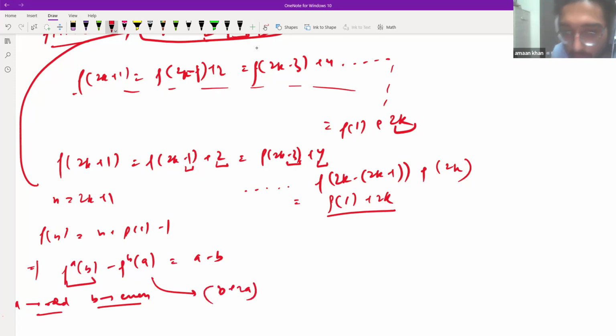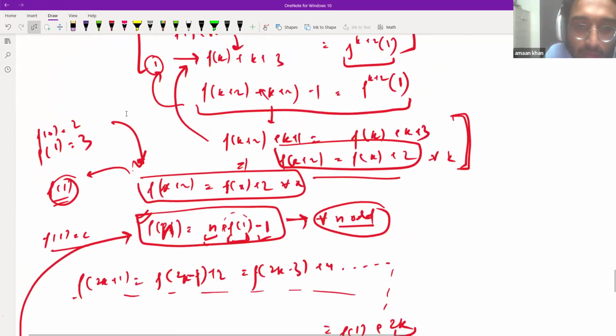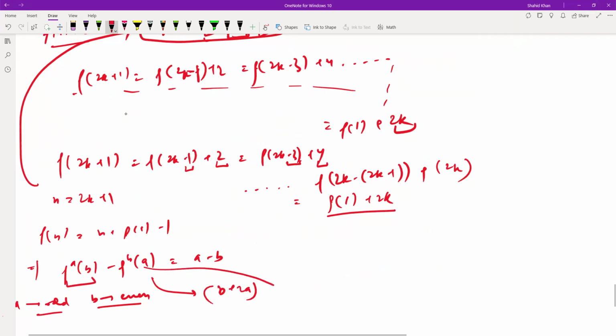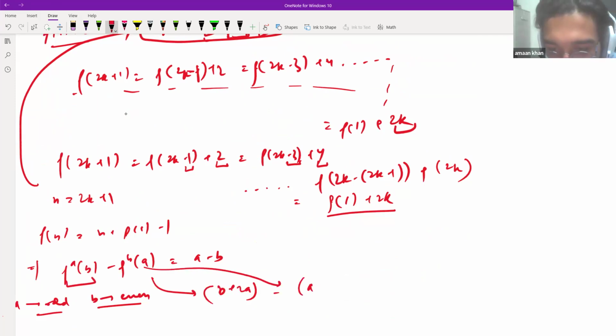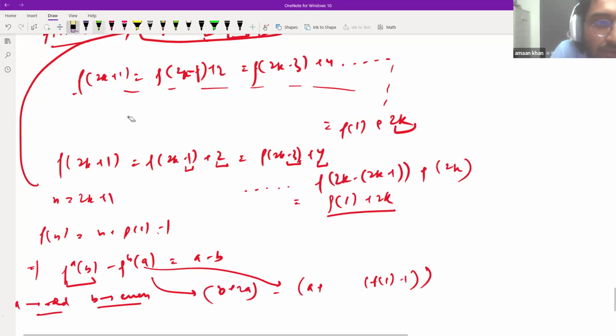This we know from this claim. And this thing is basically a plus, if you keep doing this, a plus how many times this? I think b times f of 1 minus 1.